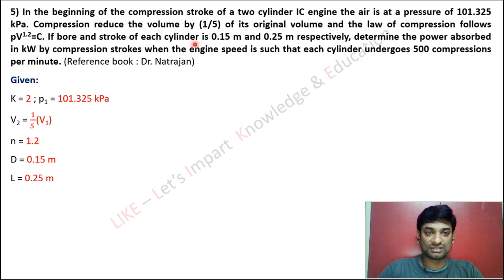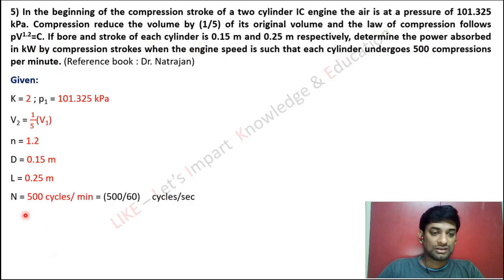Power is asked. When the engine speed is such that it undergoes 500 compressions per minute. This is very important. Listen. Number of cycles is equal to 500 compressions per minute. So, for a cycle, if it is a 4-stroke engine, we have 4 strokes: suction, compression, power and exhaust.